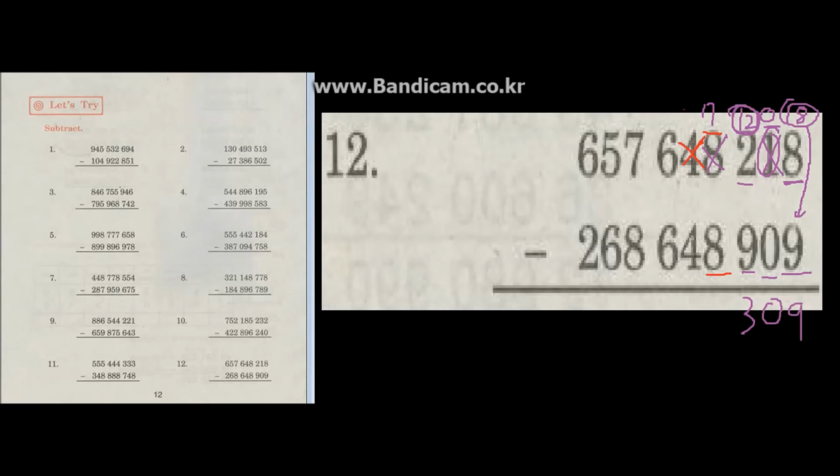So this 4 transforms to 3, and the missing 1 now goes to add as 10 at the column below. So the minuend value at the thousands turns out to be 17, and the subtrahend remains as 8. The difference between the minuend and the subtrahend, 17 minus 8, is equal to 9.